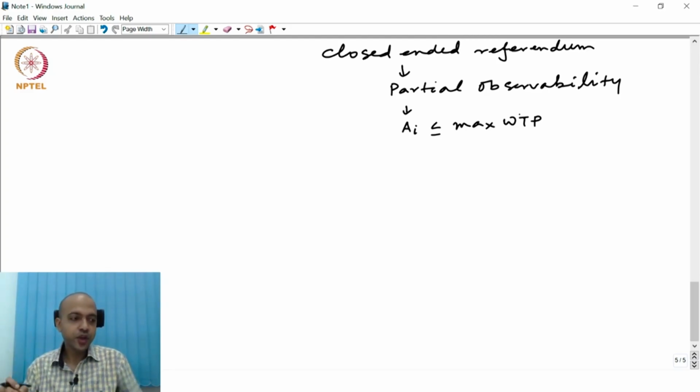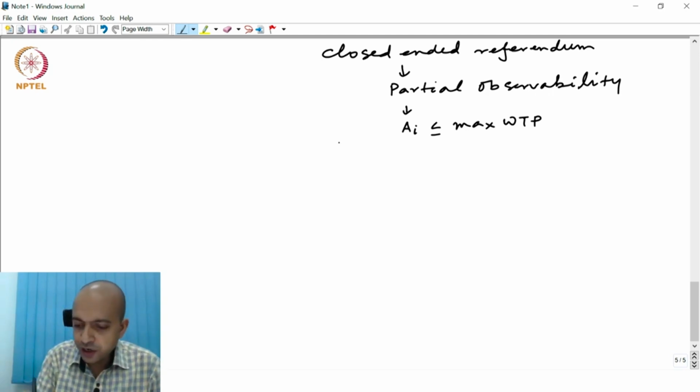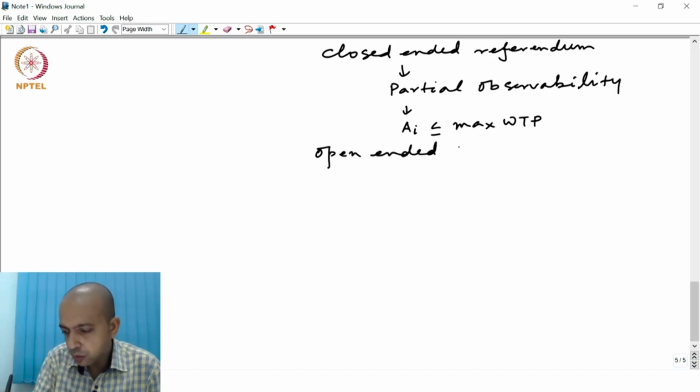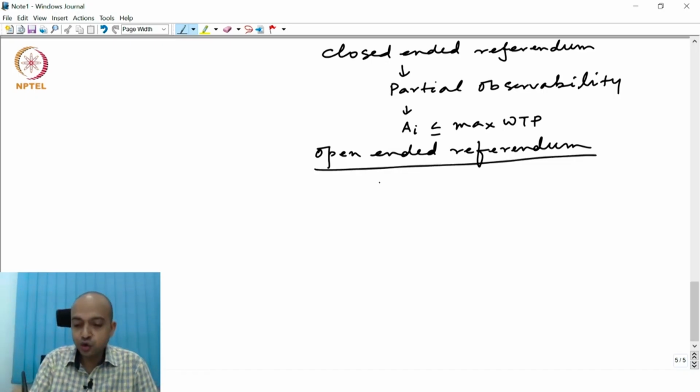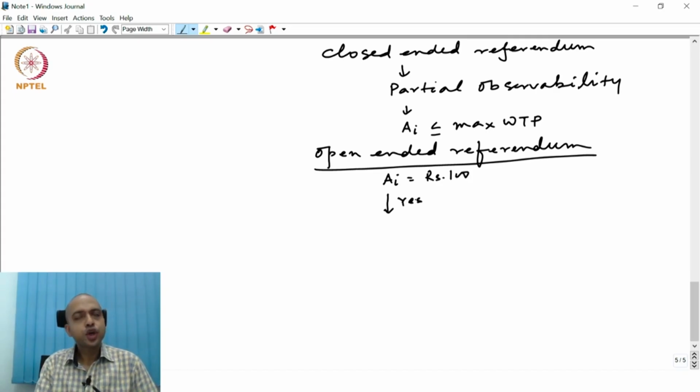Now to overcome the partial observability problem of the closed-ended referendum, sometimes we use the open-ended referendum also. Now what is this open-ended referendum? Let us say I am asking the ith household or individual about a specific bid amount A_i, let's say 100 rupees. And let's say the individual says yes.